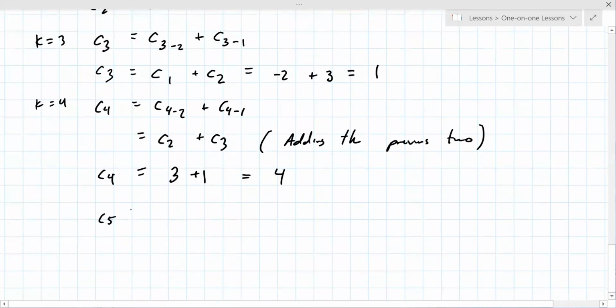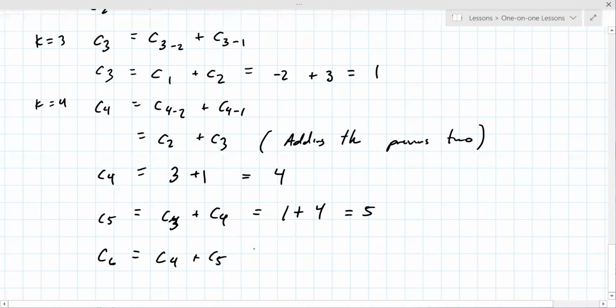So C5 is C3 plus C4, which is 1 plus 4, which is 5. You're just adding the previous two terms. C6 is C4 plus C5. It's adding the previous two terms, 4 plus 5.